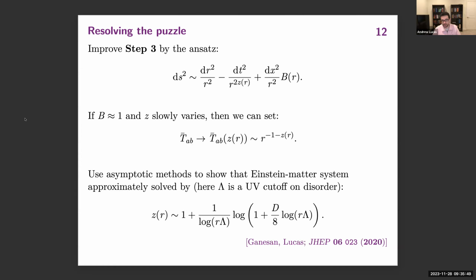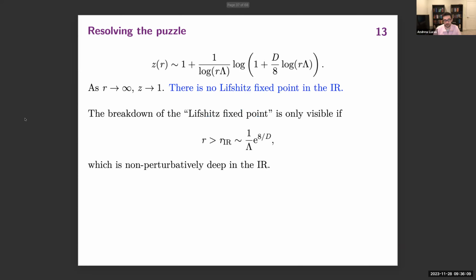So very quickly, you transition from AdS into this Lifshitz-like geometry. Essentially, the moment you hit the scale lambda where disorder becomes important. And then you go to lower and lower energy scales. And eventually, you hit an energy scale, which is this R_IR, which is 1 over lambda e to the 8 over D. So this is really, really deep into the IR.